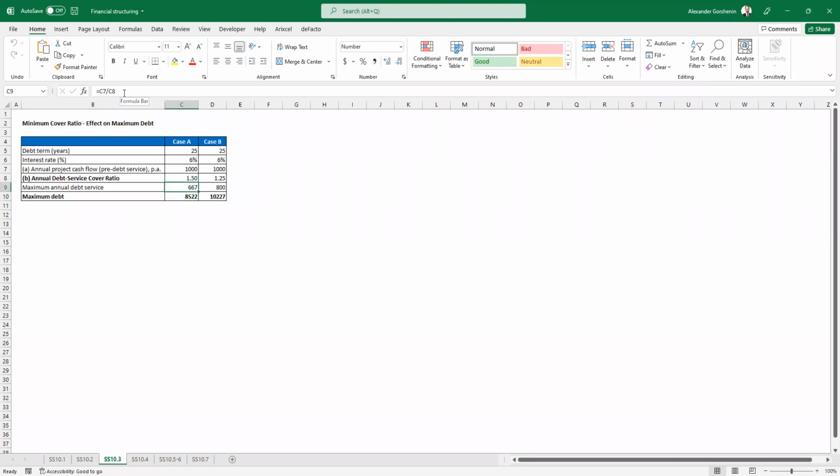You can see this means that, assuming the debt service is repaid on an annuity basis at an interest rate of 6% per annum, 8,522 of debt can be raised against this project cash flow. That is, paying back 8,522 of debt on an annuity basis over 25 years at an interest rate of 6% equals 667 in each year.